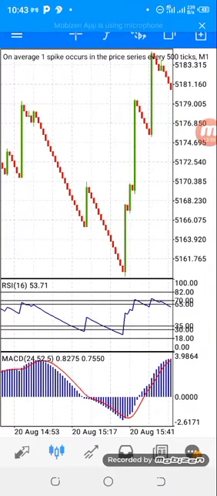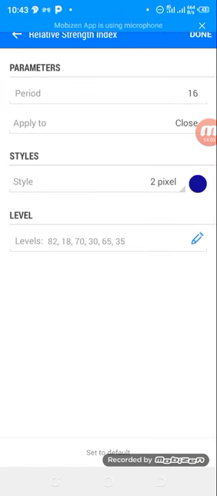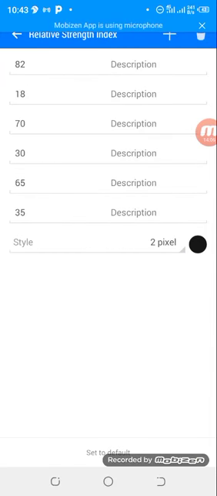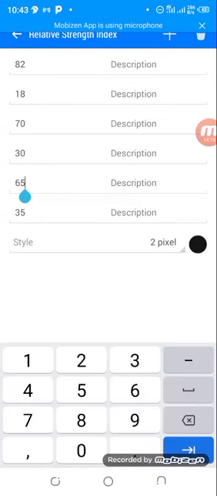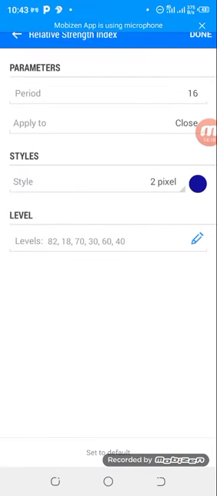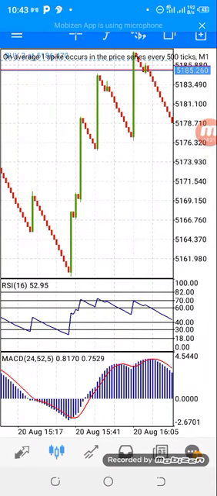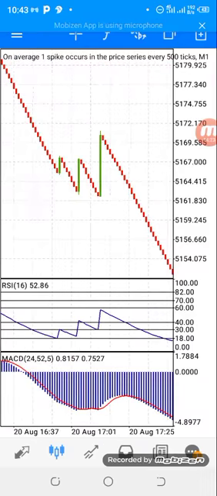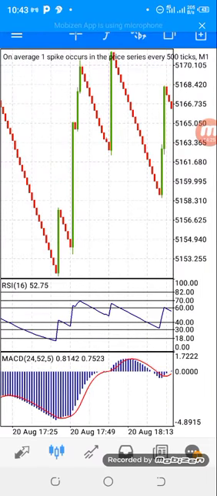Once we change that to 5, we will now change our relative strength index. The one we have at 65, we change it to 60, and 35 we change it to 40. Done. I think we are good to go now.